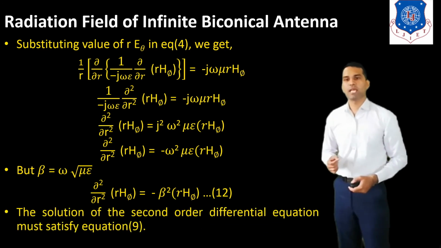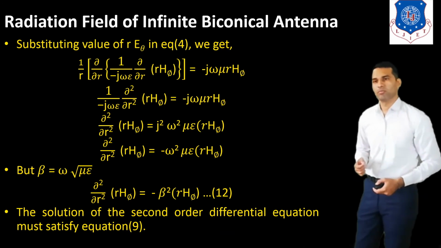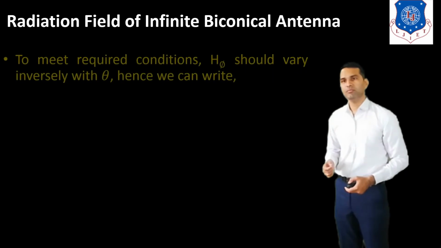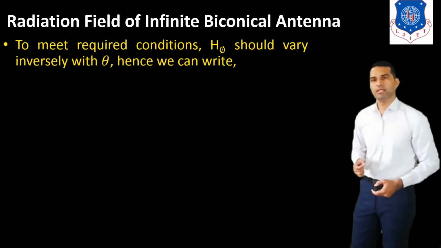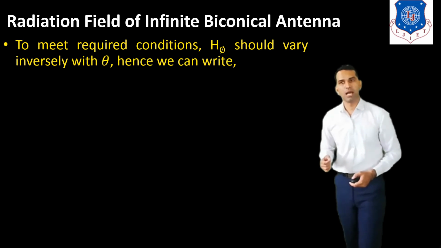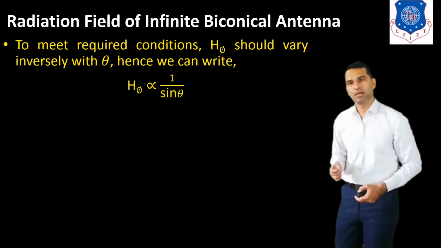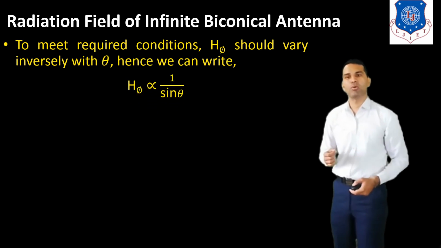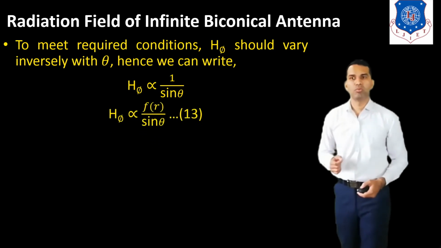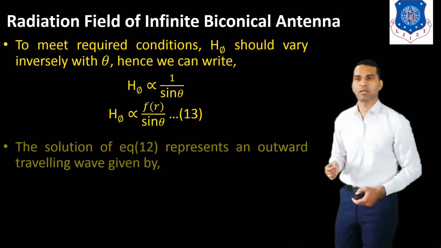The solution of the second order differential equation must satisfy equation 9. To meet the required condition, H phi should vary inversely with sin theta. Hence, we can write H phi is proportional to 1 upon sin theta, and H phi is proportional to function F r upon sin theta.